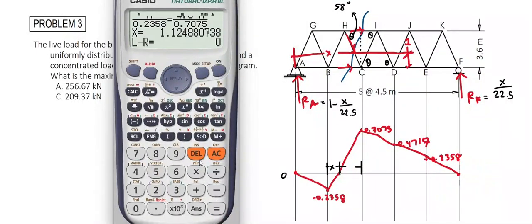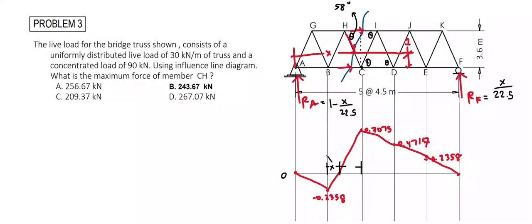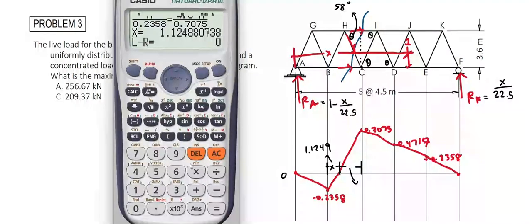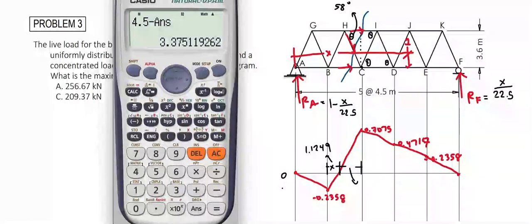We get X equal to 1.1249. And this value here is equal to 4.5 minus X, that is equal to 3.3751.